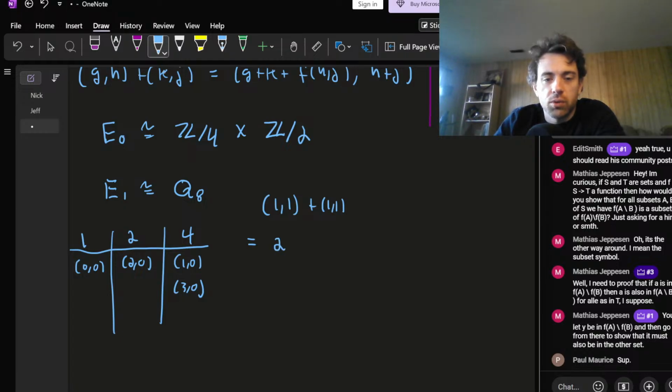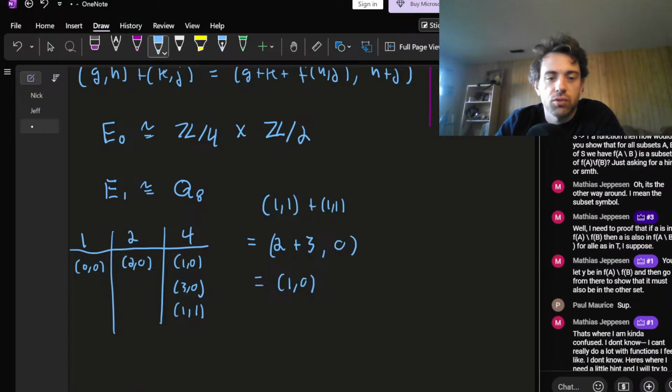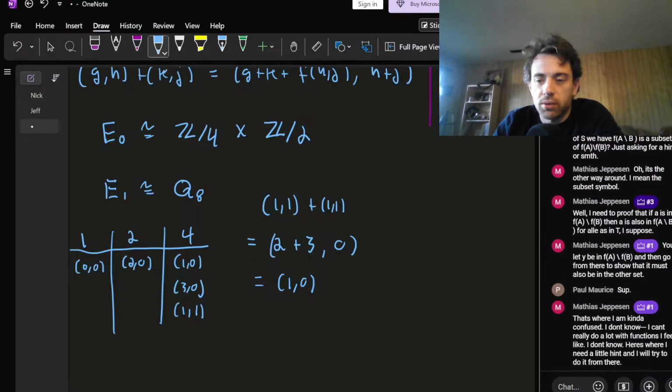We have 1, 1 in the second component, so we know that we add a 3 to it, and then the 1, 1 cancels out. And so we're left with, well, this will be equal to 1, 0. So we know automatically that that has to have order 4.